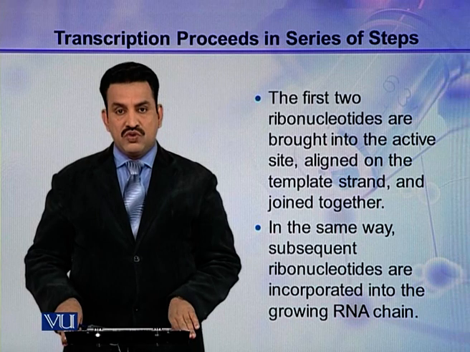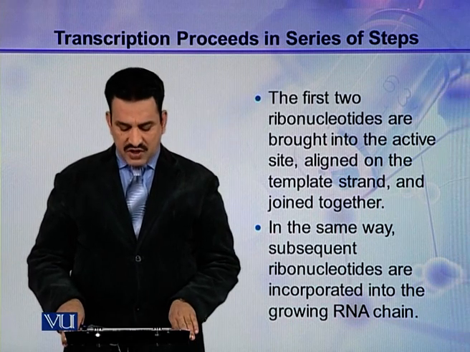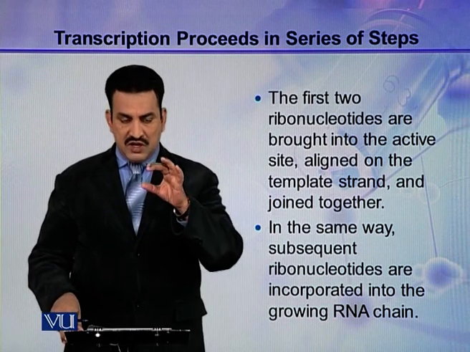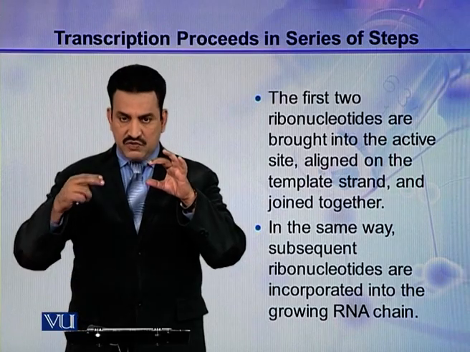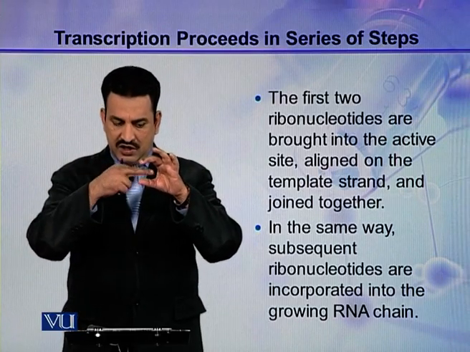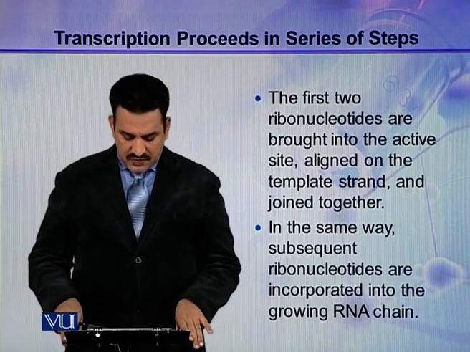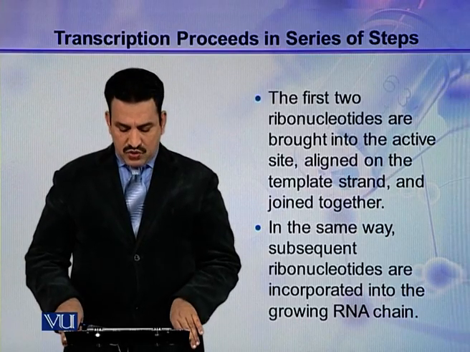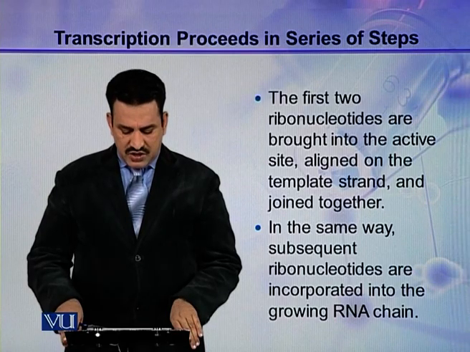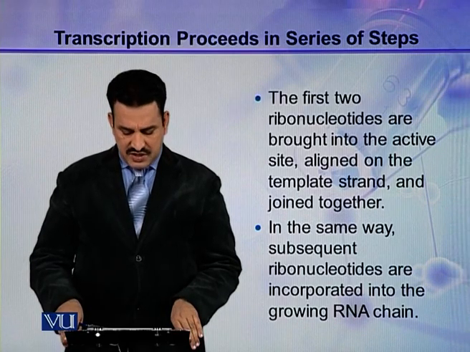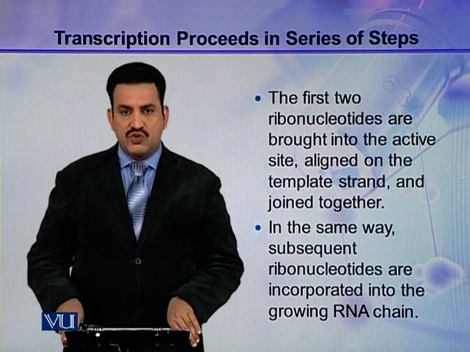The first two ribonucleotides are brought into the active site of the RNA polymerase, which, as you know, is the cleft in the center of this claw. These two ribonucleotides are then aligned on the template strand and joined together.